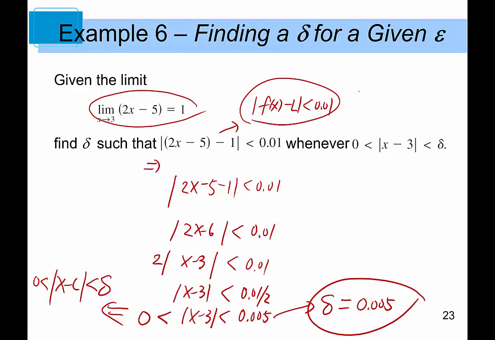So this is our epsilon, and that's our delta. Okay, this is exactly f of x. This is L, right? As we can see here, limit, that's L. So basically we're going backwards and finding the epsilon and delta.